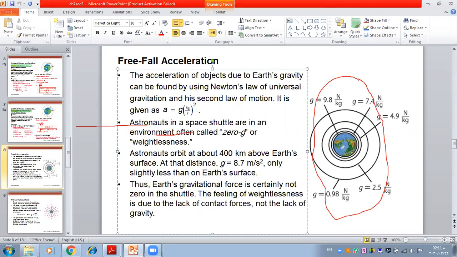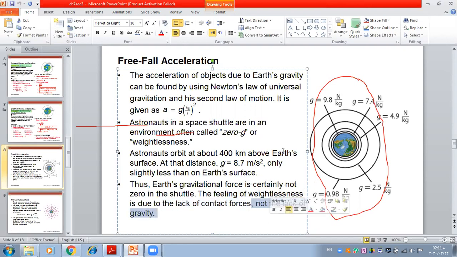At that distance, g equals 8.0 meters per second squared. So g is not zero, only slightly less than on Earth's surface. Thus, Earth's gravitational force is certainly not zero. In the shuttle, the feeling of weightlessness is due to the lack of contact forces, not the lack of gravity.